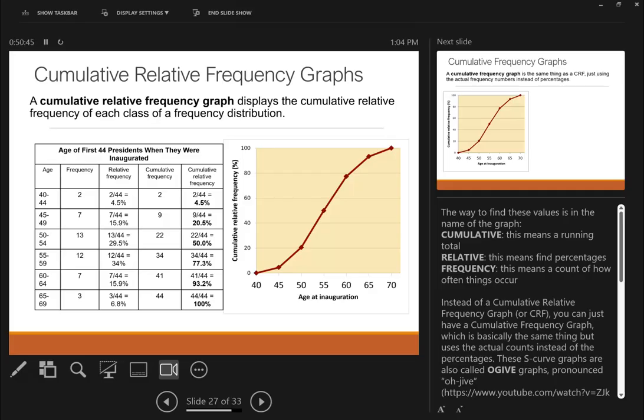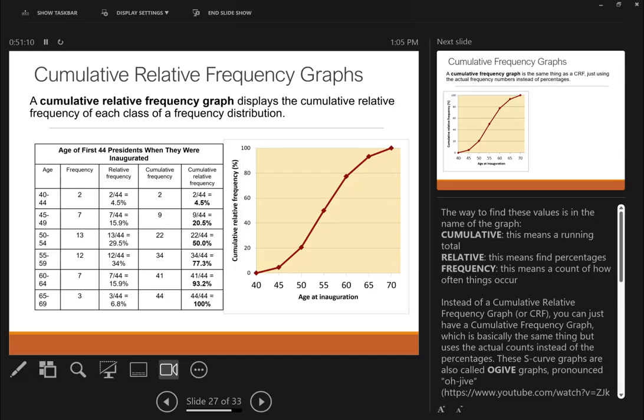So this is just 0, and then 4.5 at 45, and then 50 is 20.5, et cetera. So I can use this graph now to estimate the percentile for presidents.